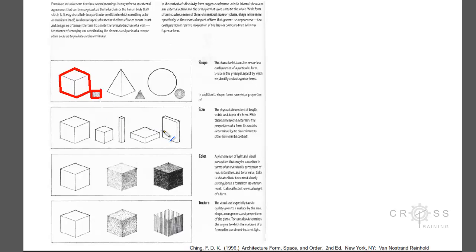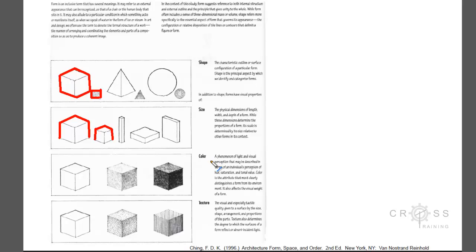Sometimes its size helps us to define form. So this is where we look at the outer edge of an object. It's kind of similar to shape, but it's a little bit different because we can see that this one is much bigger than this one here, which helps us to differentiate these two forms.